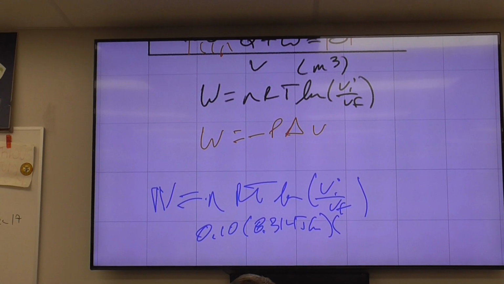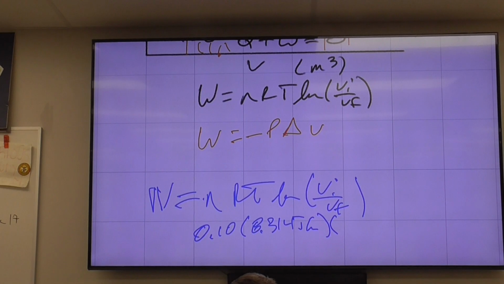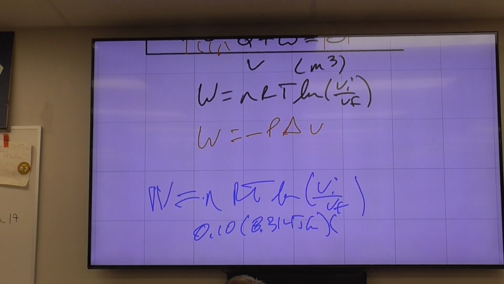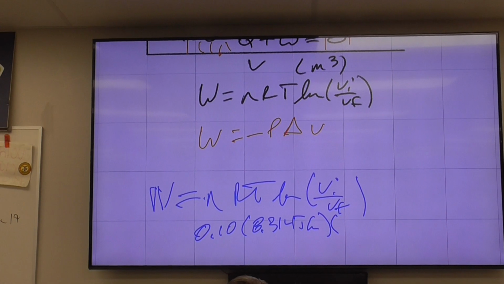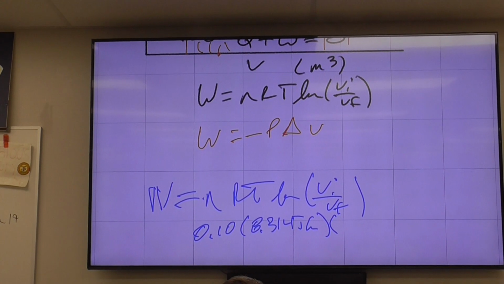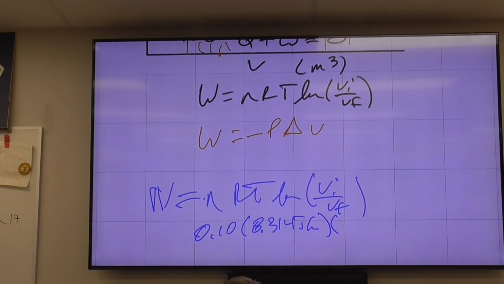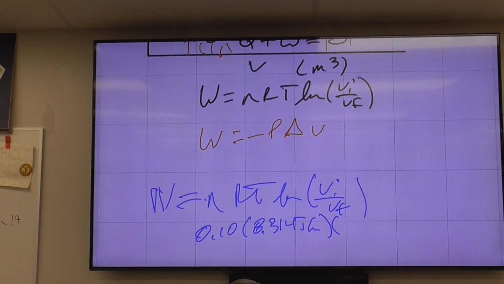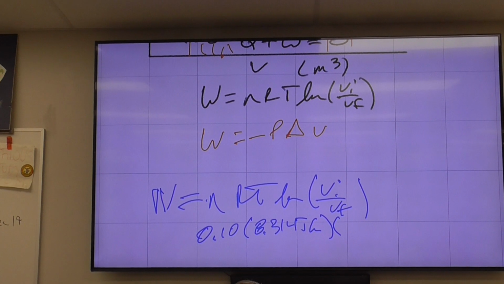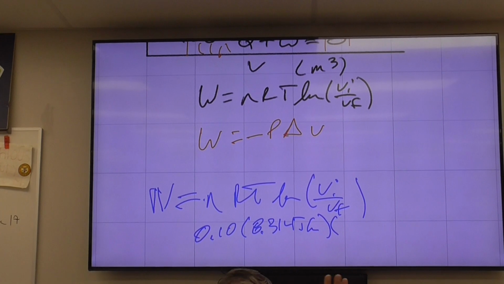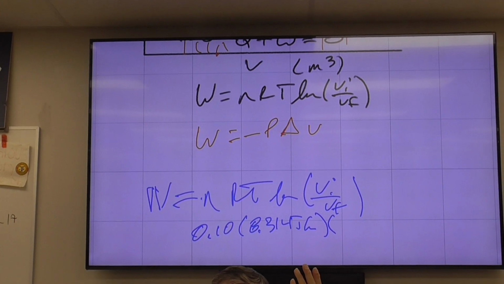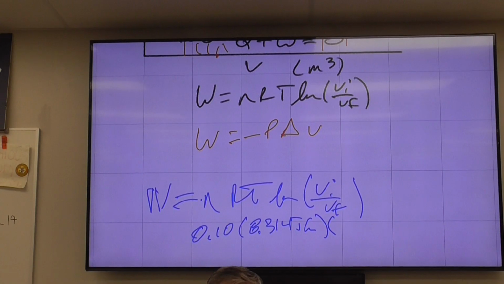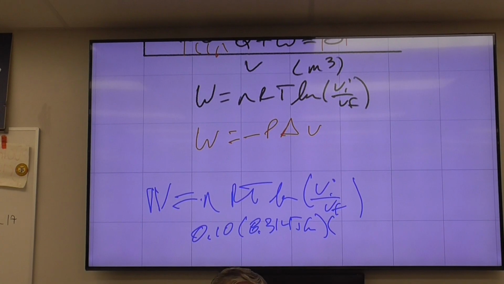Read the question. Read the first 4 words. What does it say? Ideal gas expands. Hold on. Yeah, so then W is negative. I don't know what I read when I read C, but it was not the volume.